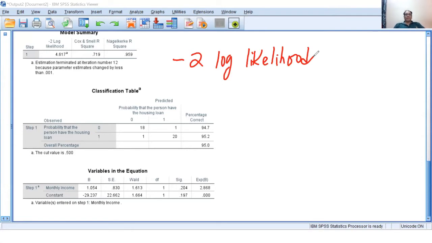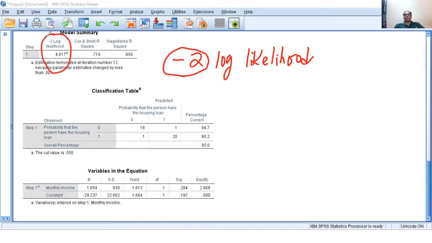So whenever you apply the maximum likelihood estimation method, you always get the value of log likelihood. And you can see that the software already adjusted the -2 value here, which means if you compare two different logistic regression models, the higher value of -2 log likelihood will be better.